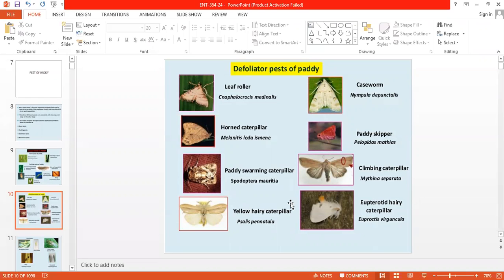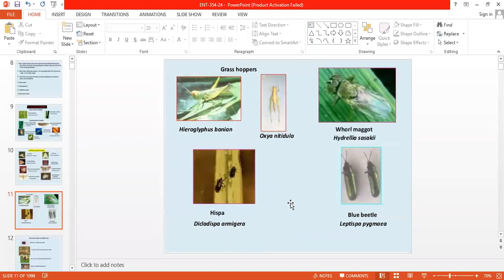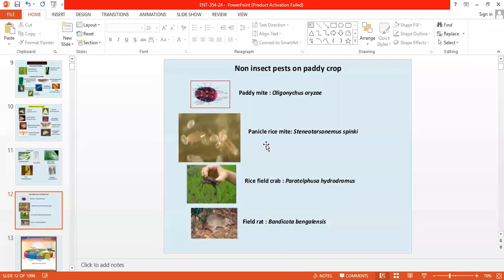Also grasshoppers, in two species, Hieroglyphus banian and Oxya nitidula, then whorl maggot, blue beetle, and hispa. These are the defoliator pests.